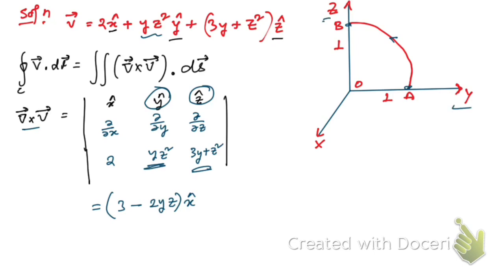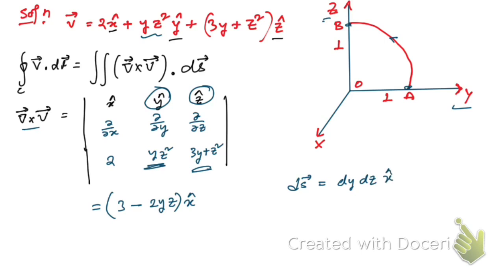So we can write ds vector is equal to dy dz, and the area vector is perpendicular to this surface in the outward direction. So the direction of this dy dz must be along the x-axis. So here we're going to write x cap.